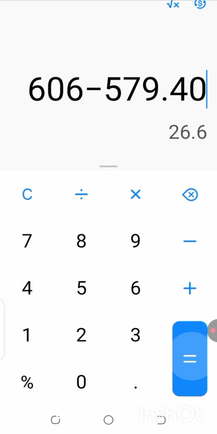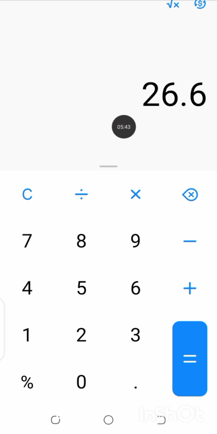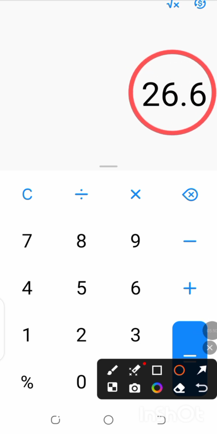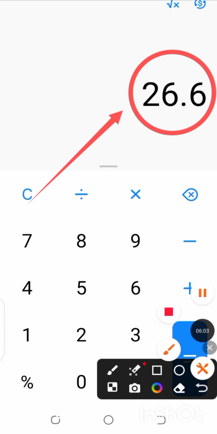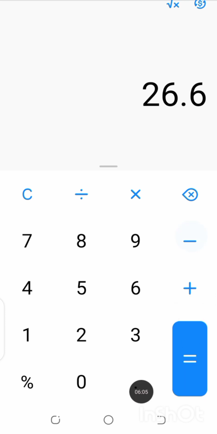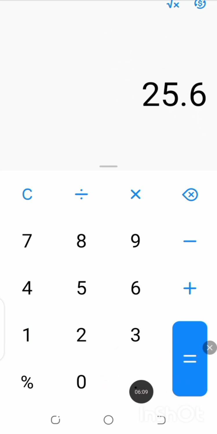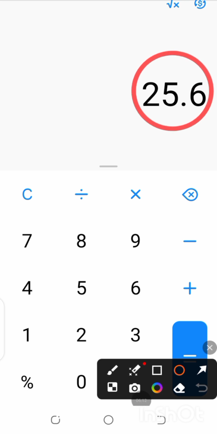You can see that the profit here is 26.6. But because we need to pay some fee, which will be around 1 USD, if we still subtract 1 USDT, we are still having 25.6. This is the actual profit.